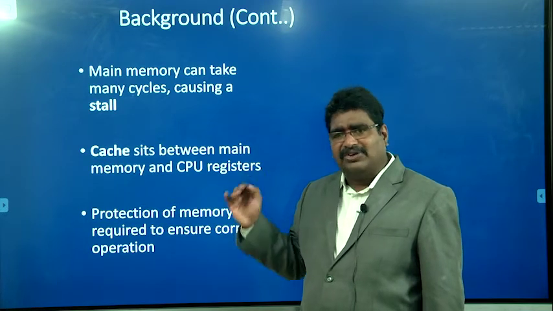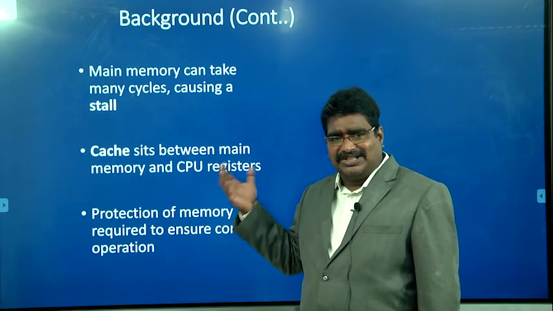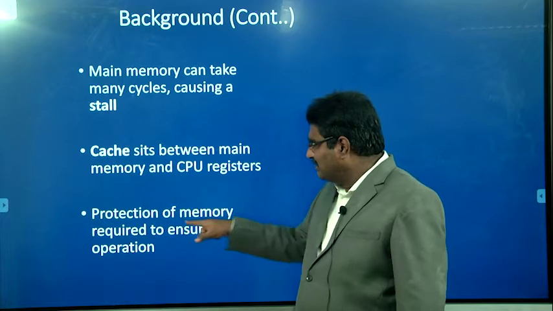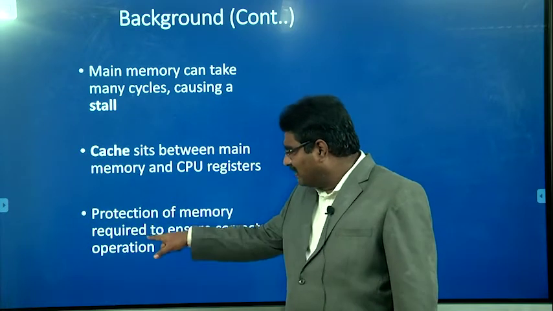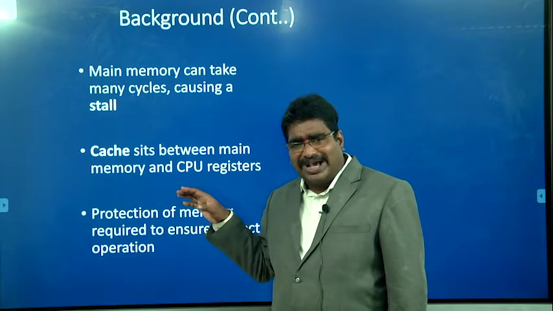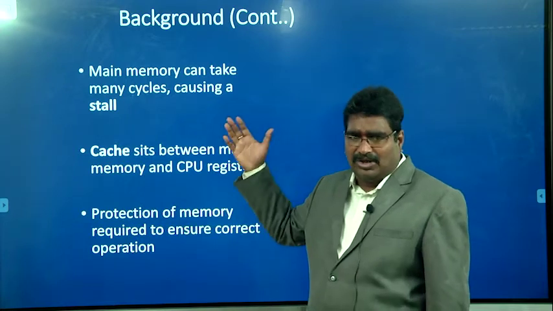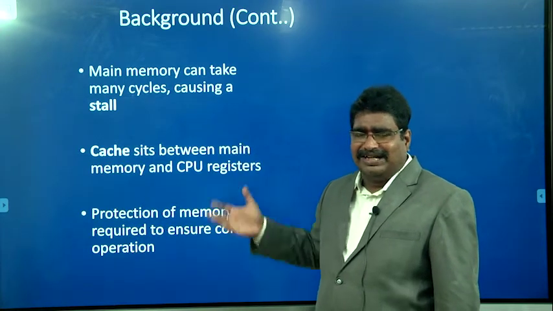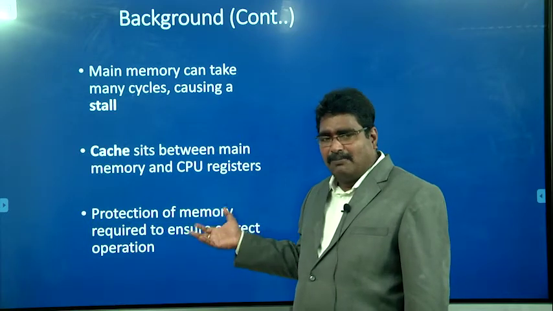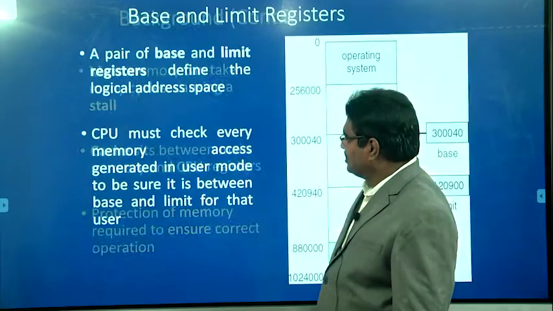If the process tries to access another process's instructions or data, it is not allowed. How is this controlled? Based on the memory limit, the process is allowed to access its own instructions and data only. If it tries to access some other location, the system does not allow it. So protection is automatically provided for the user's data as well as the instructions.